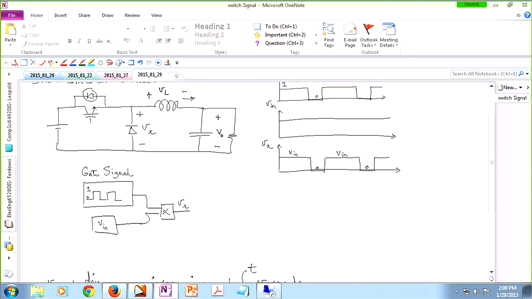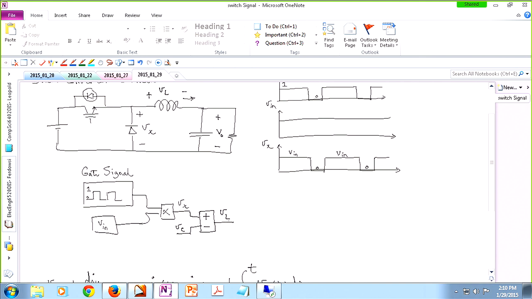I already have Vx. I just made it, and then let's say hypothetically, for now, we also happen to have Vout, which is the voltage of the capacitor. So I just subtract them from each other. So this gives me the voltage that appears across the terminals of the inductor.